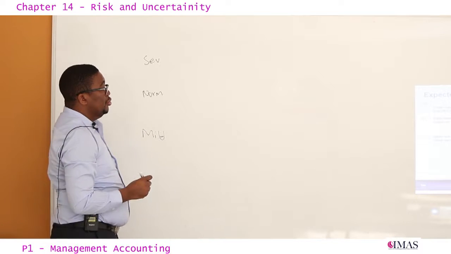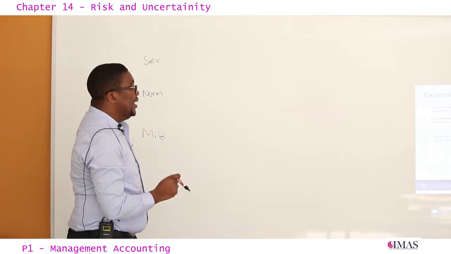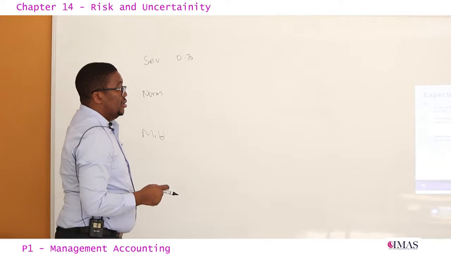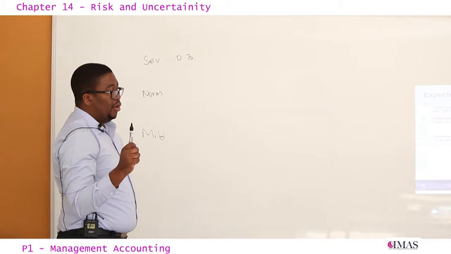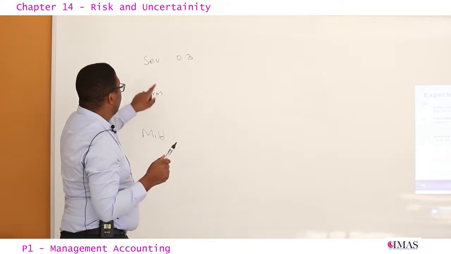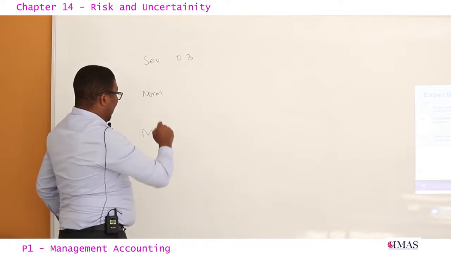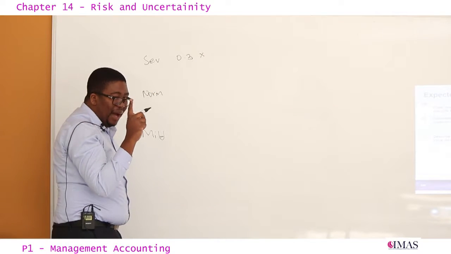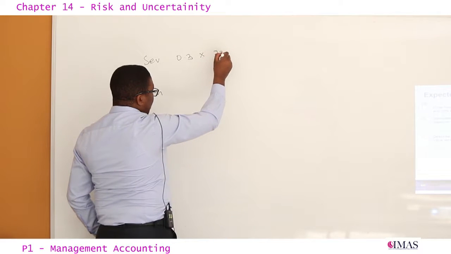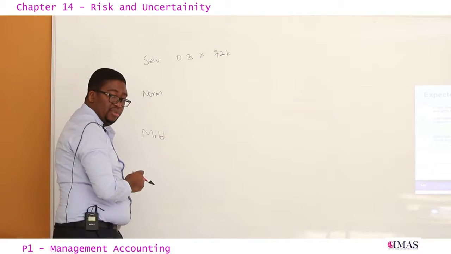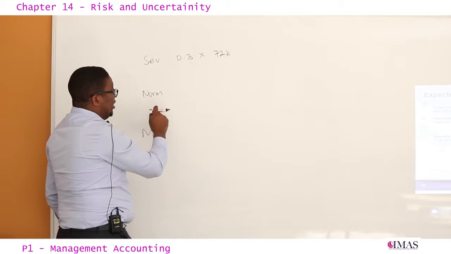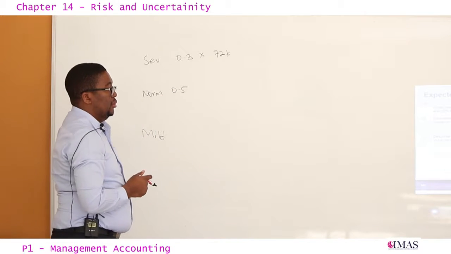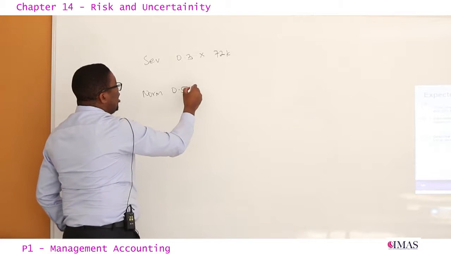Now they're saying there is a probability of 30% that the weather condition will be severe. And if the weather condition is severe, we expect the demand to be 72,000. That's what we are given in the question. And they say there is a 50% probability that the weather will be normal.